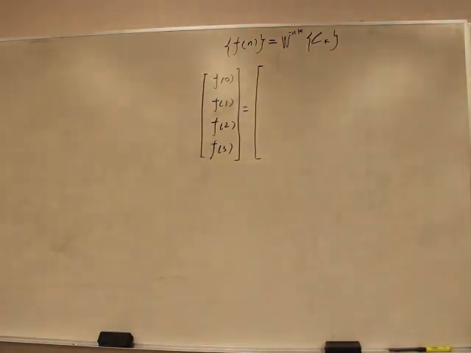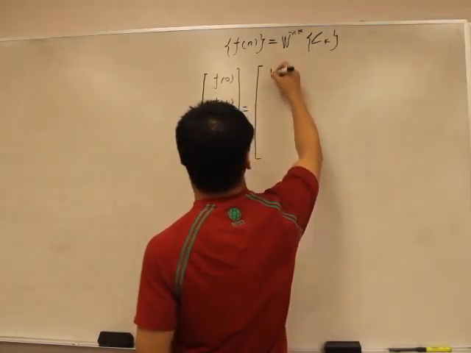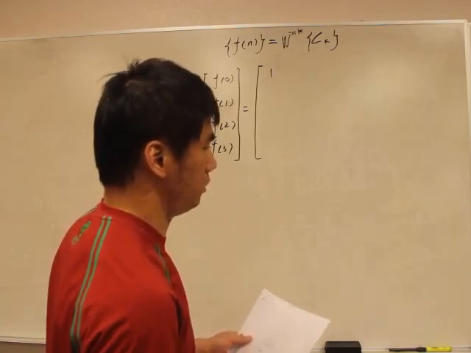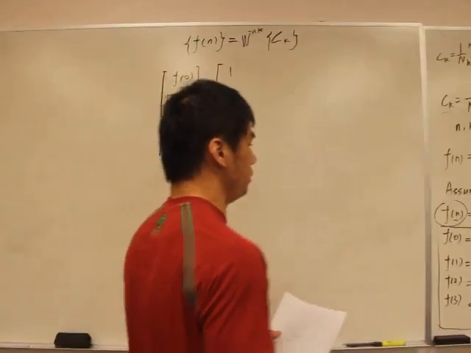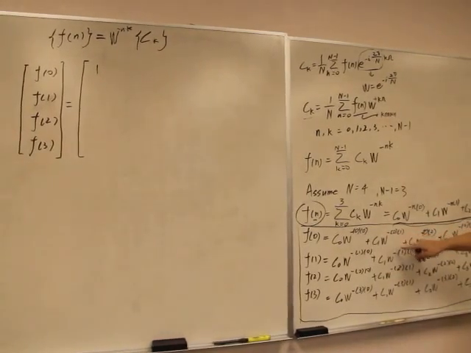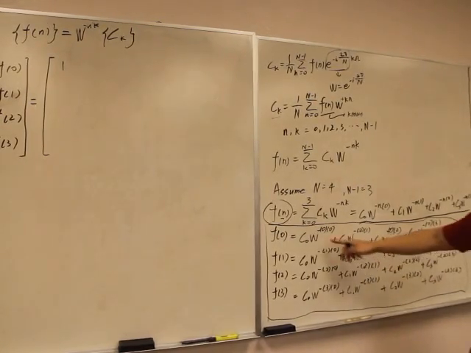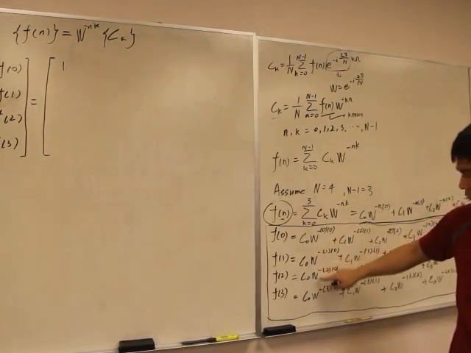So notice this w to the 0, 0 turns out to be 1. And the next term, w right here, is also 1. And yeah, w to the n, w to the 0, and w to the 0. Also for the first column, all the w's are to the 0 power.